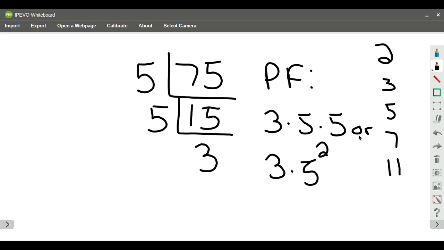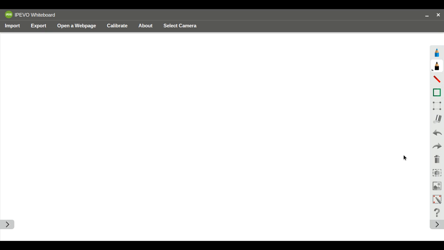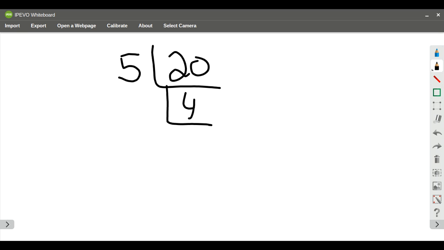So the next one that we're going to take a look at is going to be 20. And so when I look at my prime factorization for 20, I'm going to keep going with 5 because it ends in a 0, so I know it's divisible by 5. 20 divided by 5 is going to be 4. Go ahead and mark that out, and then I'm going to divide 4. I have to find a number that is prime that can divide into 4, which is going to be 2.